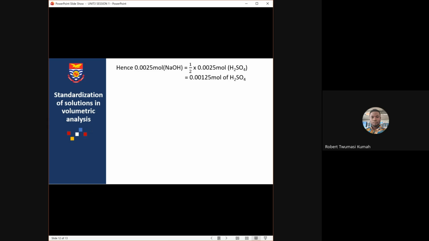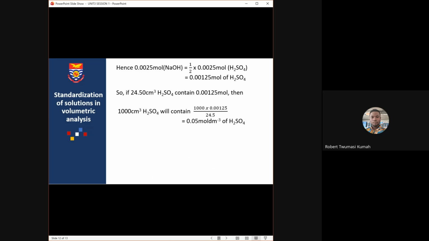We equally had a large amount of the acid, like 1,000. But out of that 1,000, we didn't use everything. We only used 24.5. So if the 24.5 contains 0.00125 mole, then what will the whole 1,000 contain?